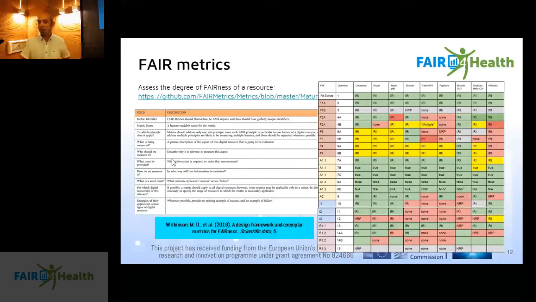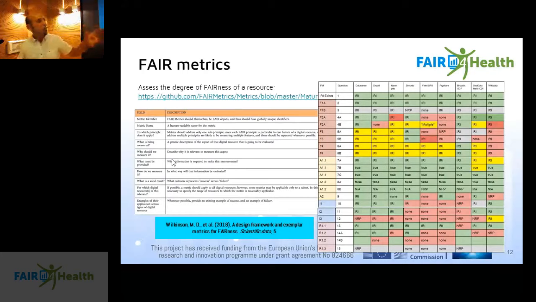This presentation will be available for all of you who want to have it, so you can check it afterwards. As I was saying, these metrics were tested against several well-known open datasets, like those shown in that table.